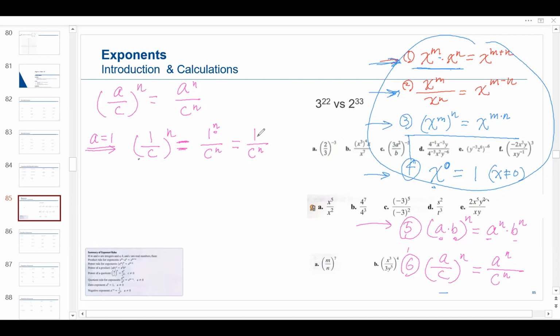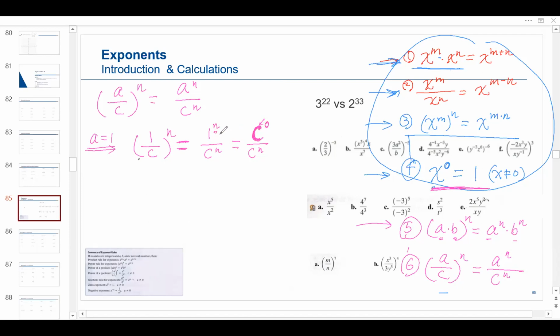Okay. So, do you know where the 1 came from? Did you see this one? 1 can be any number itself to the power 0, right? Do you remember this one?